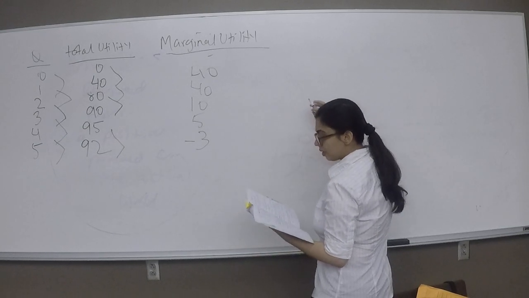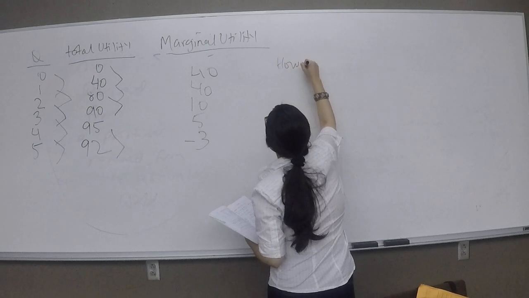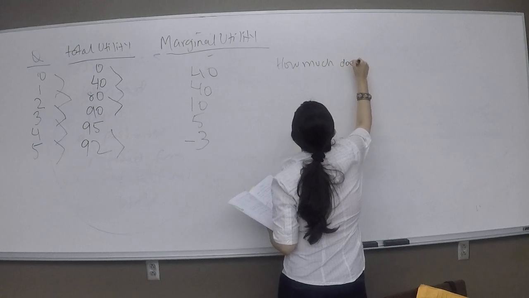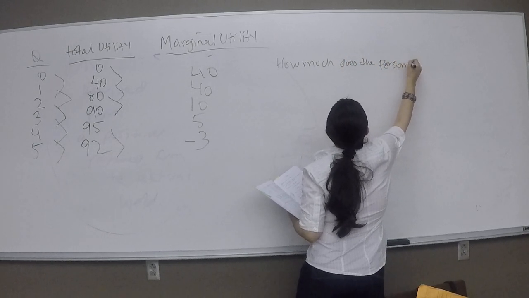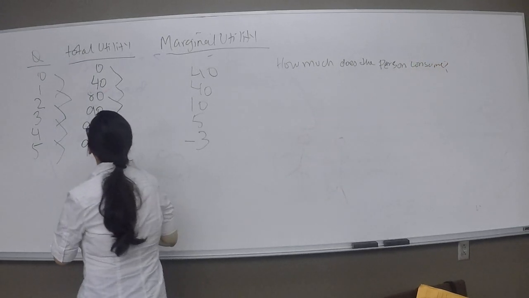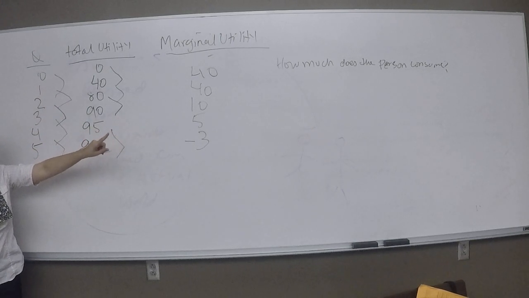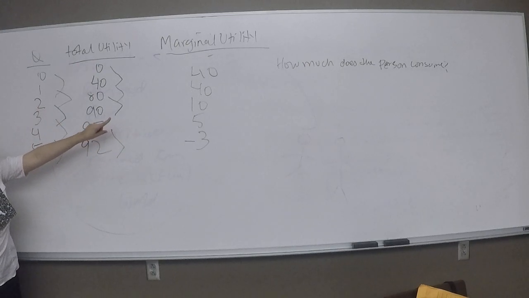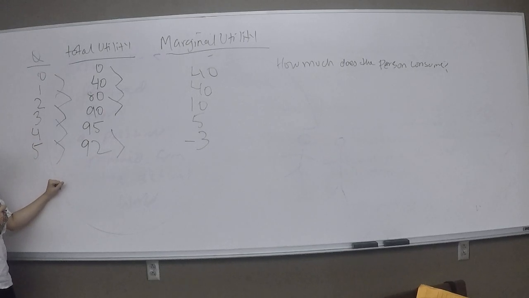How much does the person consume? So where is he going to stop? For the first quantity, he's getting 40 utility, meaning 40 satisfaction. Second, he's getting 40 satisfaction. The third, he's getting 10. The fourth, he's getting 5 satisfaction.